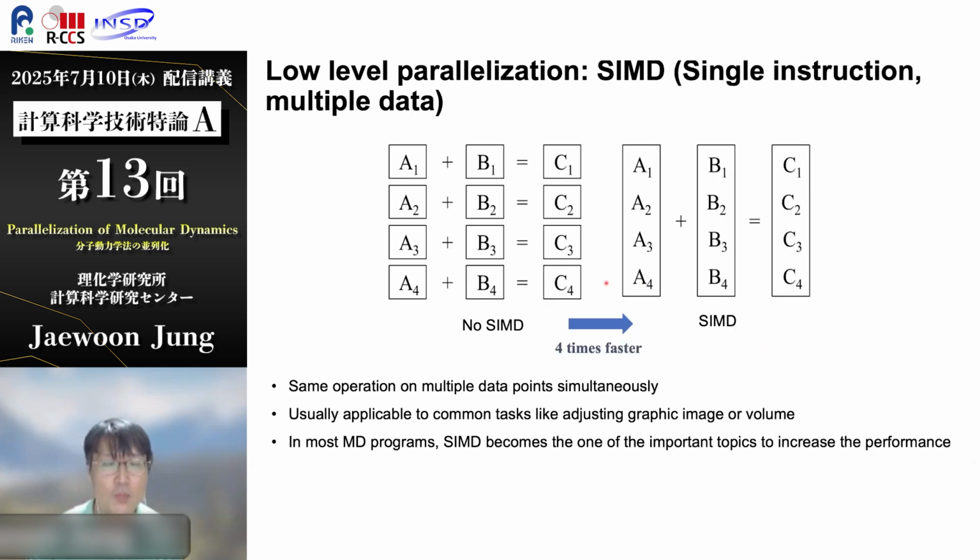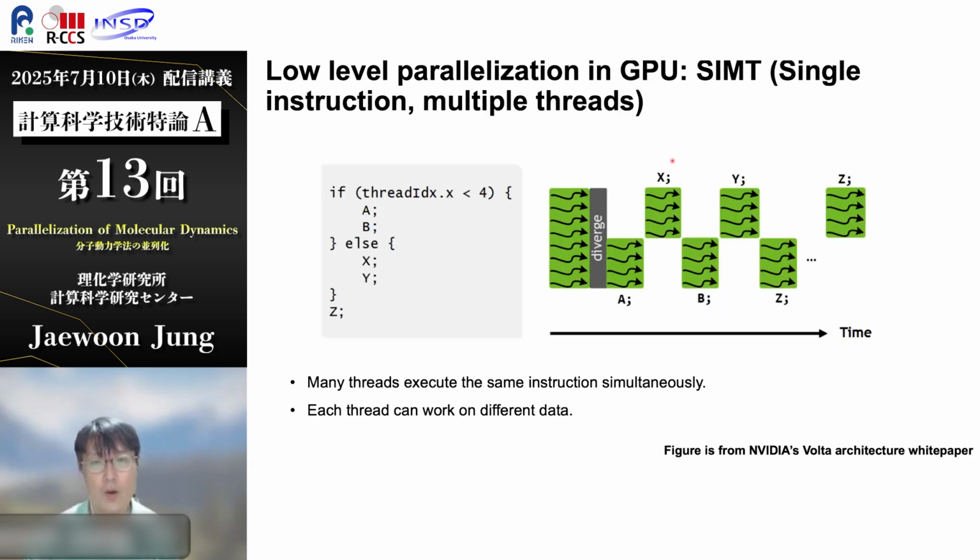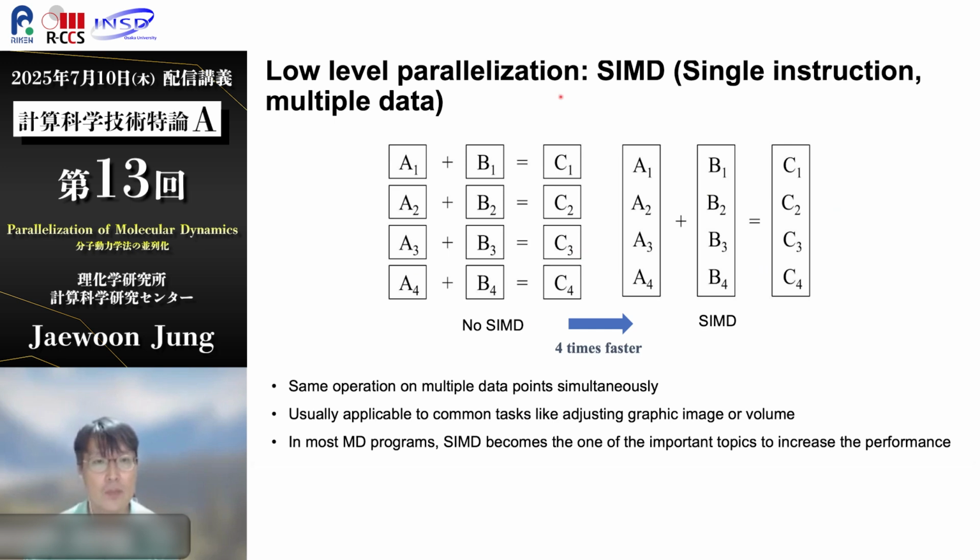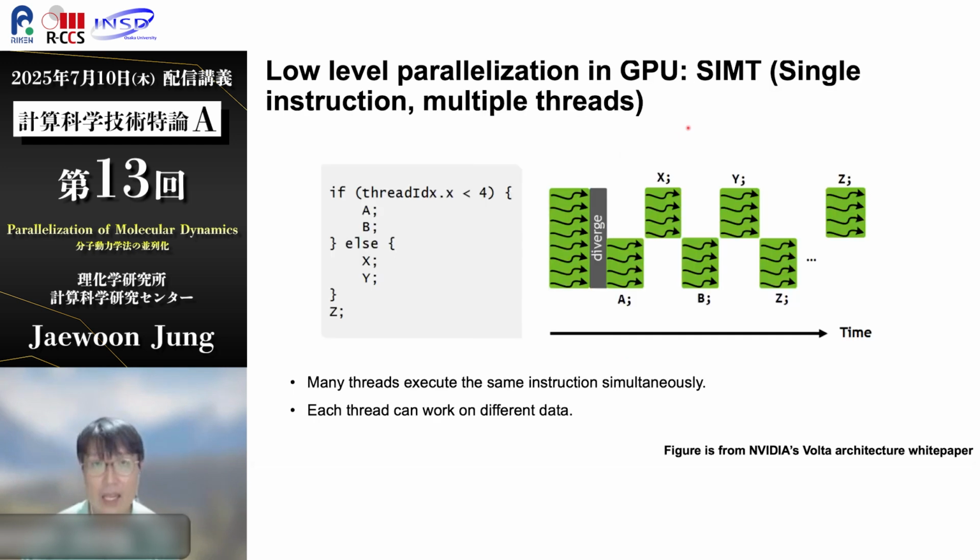But if you consider a CPU with SIMD, it's in fact a little bit different. If you consider a conditional statement like an if sentence, then they do not perform in this way, but perform in this way separately for everything. So there is some difference between SIMT and SIMD.